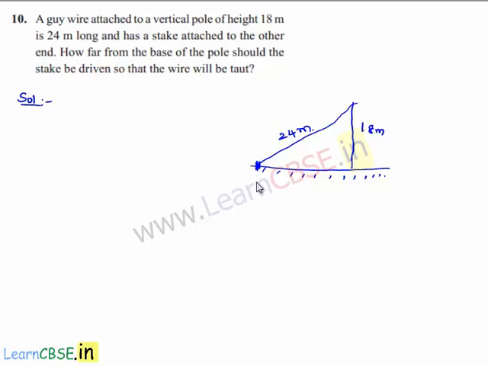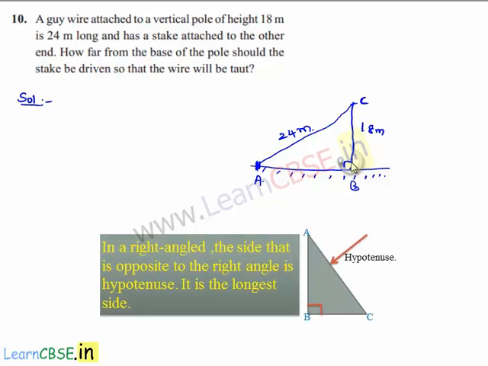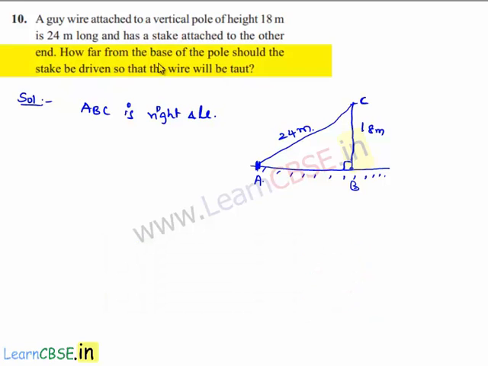So let the point where the stake is attached be A, the point of contact of the vertical pole with the ground be B, and the top of the vertical pole be C. Then here ABC is a right angle triangle. He asked us how far from the base of the pole the stake should be driven so that the wire will be taut. So we need to find the length of AB here. Let it be a meters.